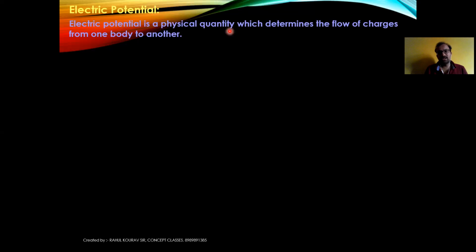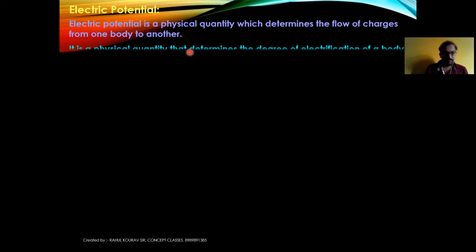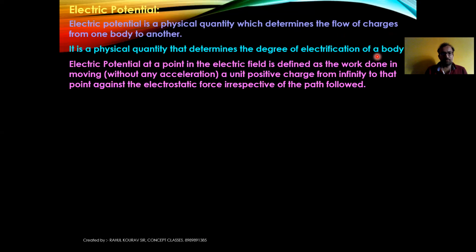Electric potential is a physical quantity which determines the flow of charge from one body to another. It is a physical quantity that determines the degree of electrification of a body. You can also write this: electric potential at a point in the electric field is defined as the work done in moving, without any oscillation, a unit positive charge from infinity to that point against the electrostatic force, irrespective of the path followed.